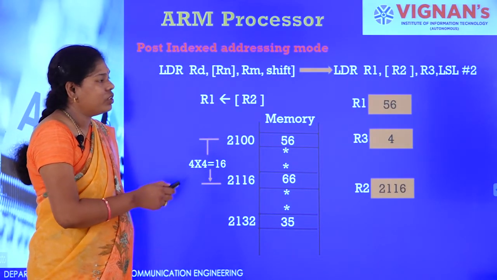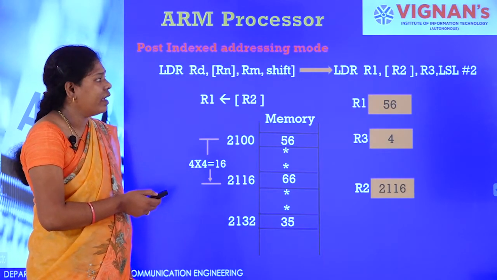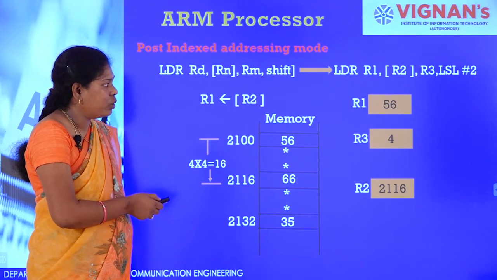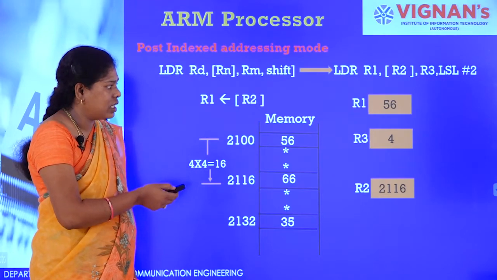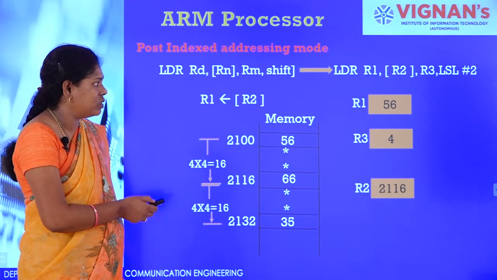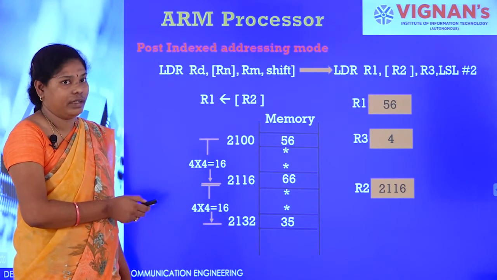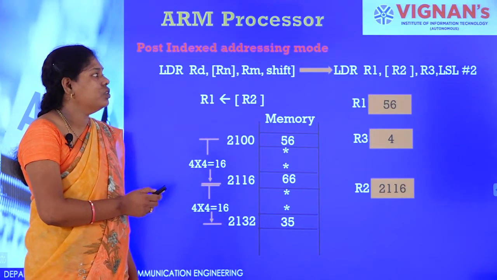If we execute this instruction one more time, R2 will now be 2116 and it will add 16 again, so it will be 2132. Here R3 will not be modified; only the register R2 will be affected with the new address.